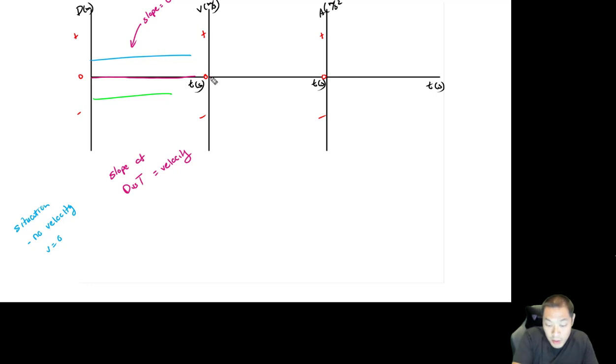That means our velocity graph is going to be 0, and our acceleration graph is going to be 0. So when you have no velocity, the displacement graph could be above the x-axis, on the 0, or below the x-axis, but both velocity and acceleration must be on the x-axis for 0. So those are your answers. If something is not moving, the displacement graph could be anywhere, but it's a horizontal line. These have to be here.